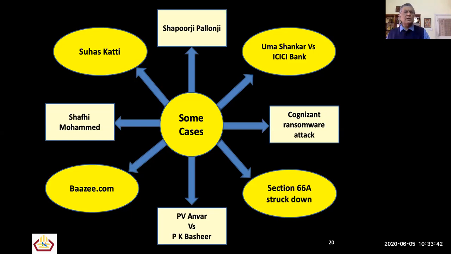And in Umashankar's case also, the court agreed with this contention, and they said that not following security practices as recommended by the Reserve Bank of India is a passive assistance to the commission of the crime, and therefore under section 43 subsection G, providing assistance to commit an offense was recognized because ICICI Bank did not follow some RBI guidelines on security, etc. That is what was the key aspect of this Umashankar's case.